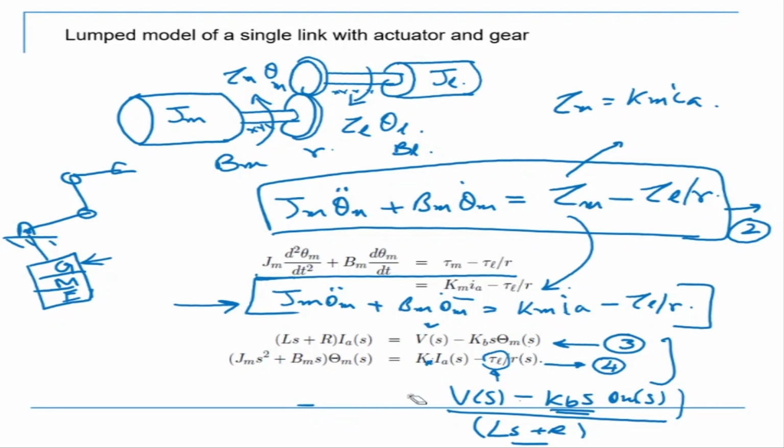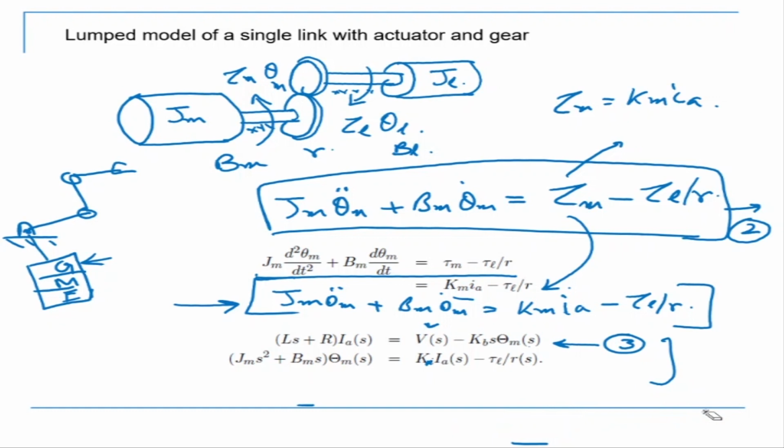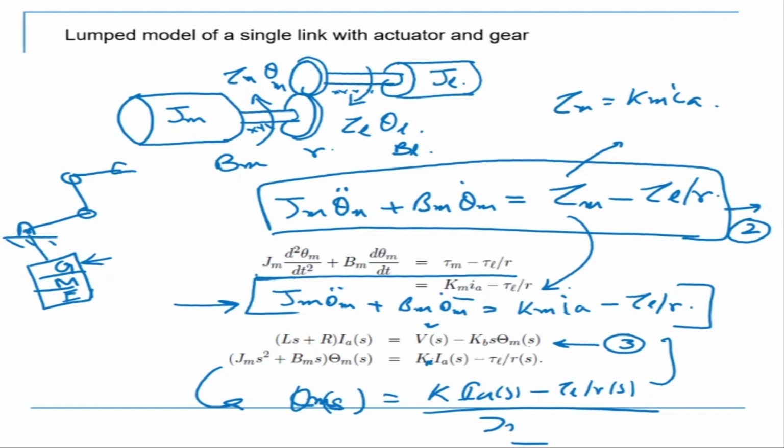So what is theta ms? From this equation, theta ms is equal to K into Ias minus tau L by R, divided by Jms squared plus Bms. I can take one S out and make it 1 by S, so this becomes Jms plus Bm.